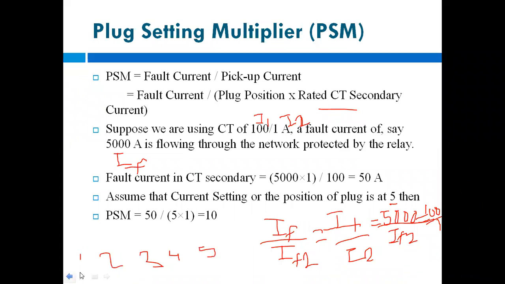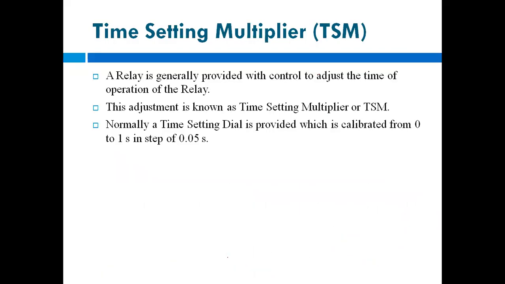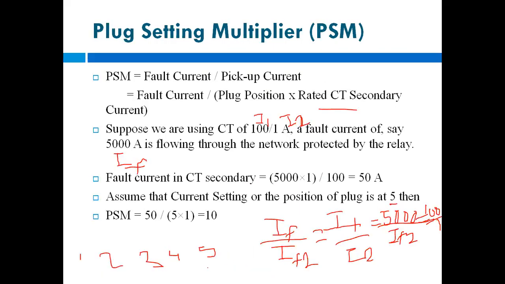If the plug is set at 5, then what will be your PSM, that is plug setting multiplier? In the secondary, the fault current flowing is 50 ampere, divided by plug position.